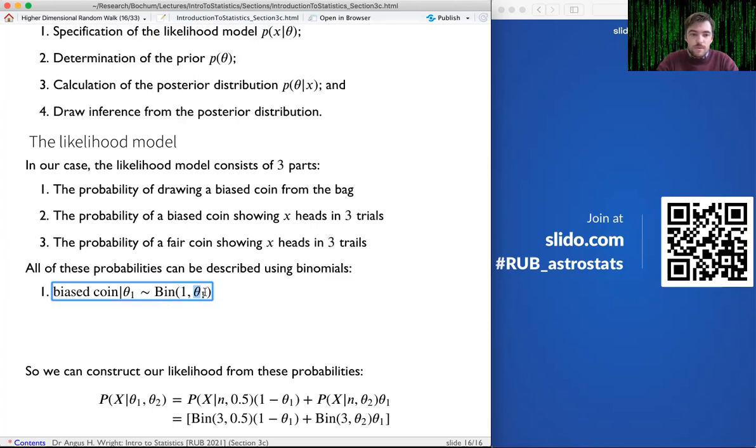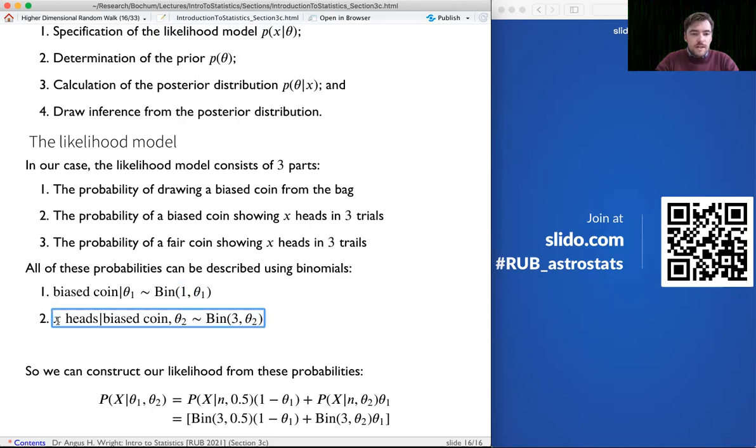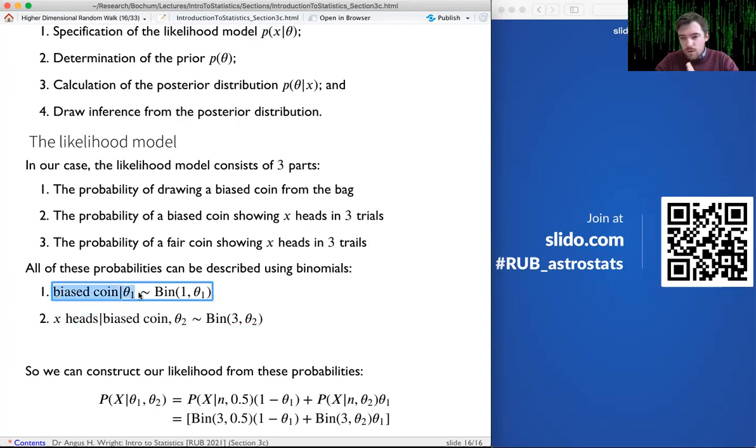Now, the probability of pulling a biased coin from the bag: the probability of observing a biased coin, given the fraction of biased coins in the bag, is a binomial where we draw 1 coin. So n is 1, and this is the fraction of coins in the bag that are biased, and this is the unknown.